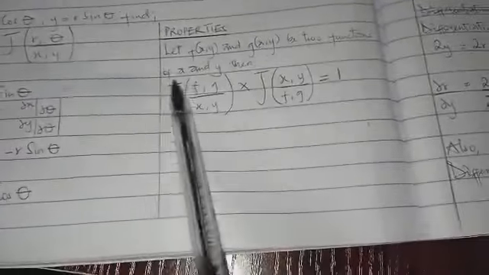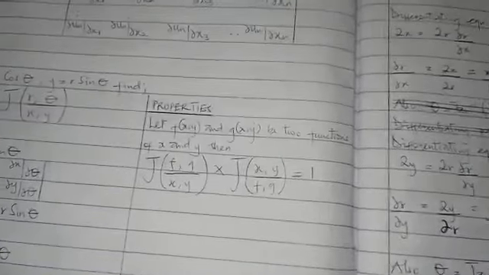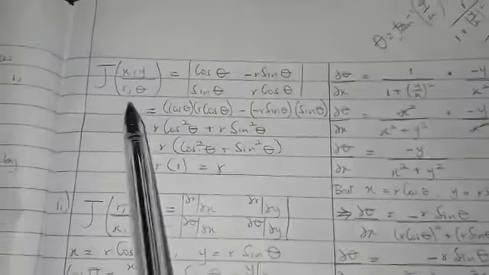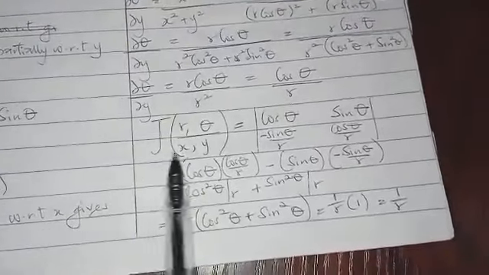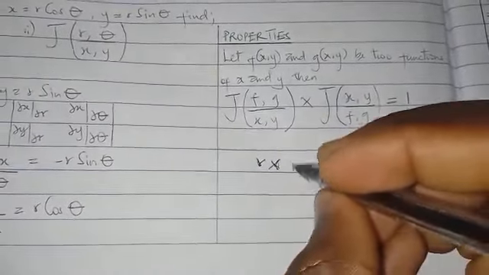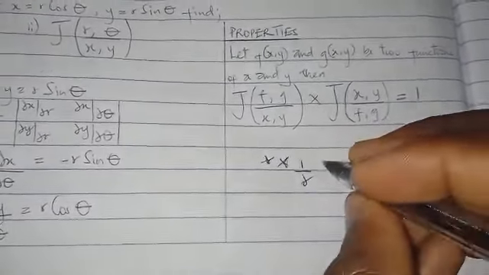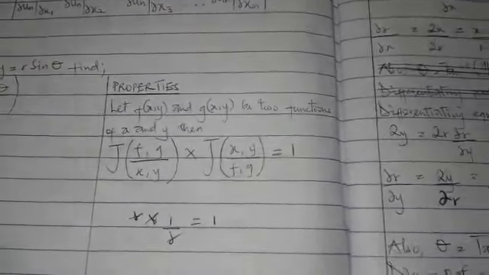We said from the properties that when you invert a Jacobian and multiply, you're going to get 1. That's what we did from our solving. The Jacobian of x, y with respect to r, theta is r. The Jacobian of r, theta with respect to x, y is 1 over r. So when we multiply, you have r times 1 over r, and you're going to get 1. So this property is very much correct. Alright, so that's it for Jacobian.